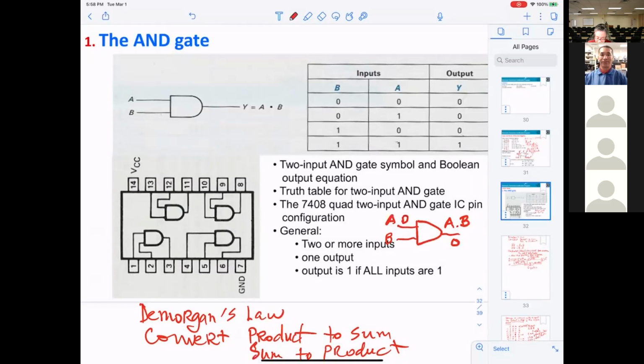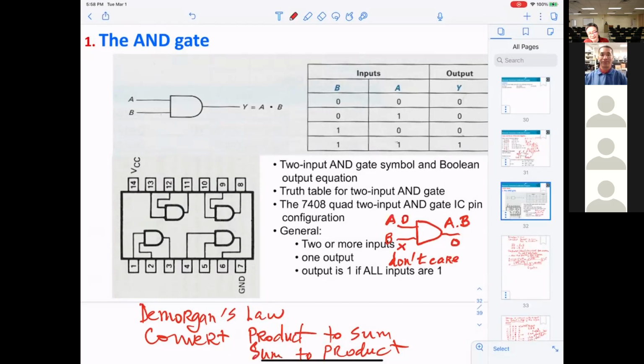Later on, you can see they're talking about an X, which means don't care. Does anyone understand what that means, don't care? You can put whatever you want, a 1 or a 0.